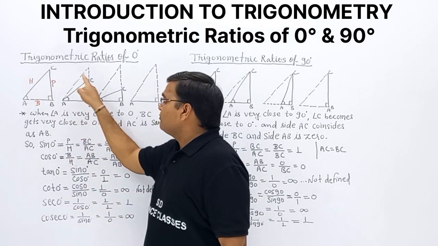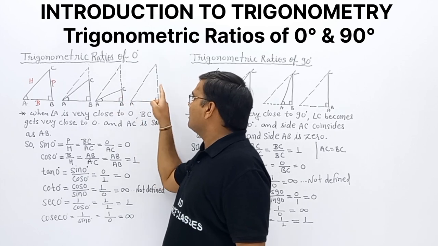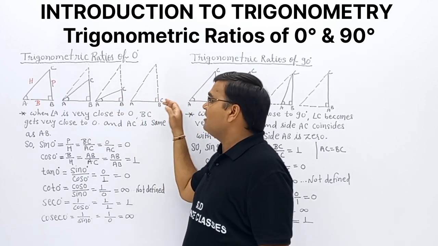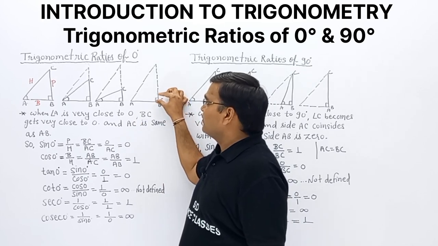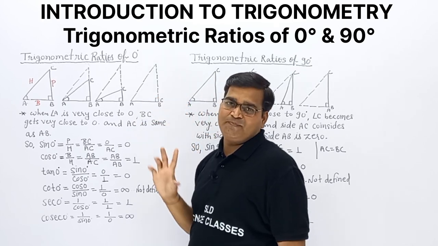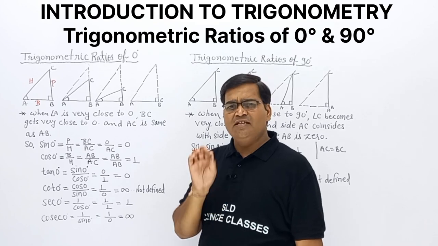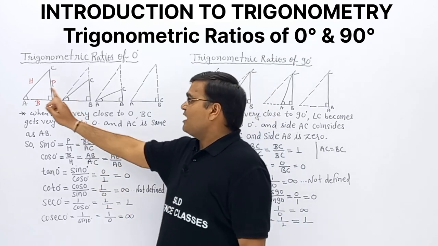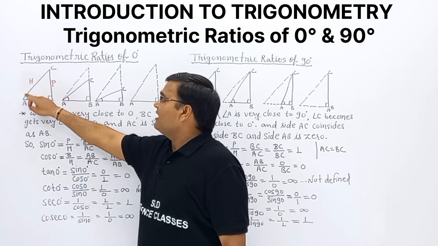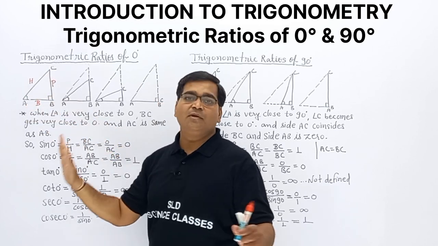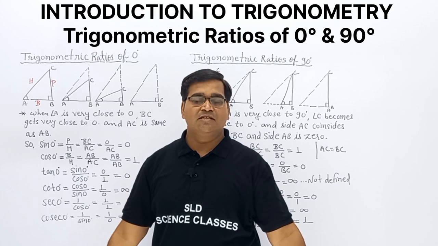A is reducing, BC is reducing, and finally BC equals 0. BC will be 0. Yes or no? Easy concept. Once the angle is 0, BC will be 0 and AC will be equal to AB. Finally we can say these things.